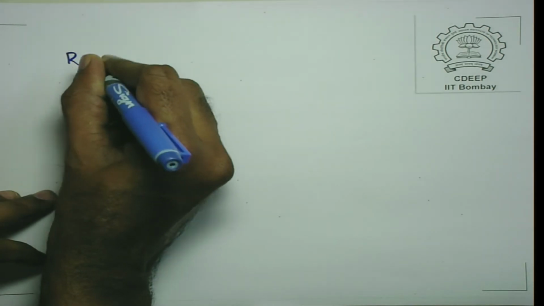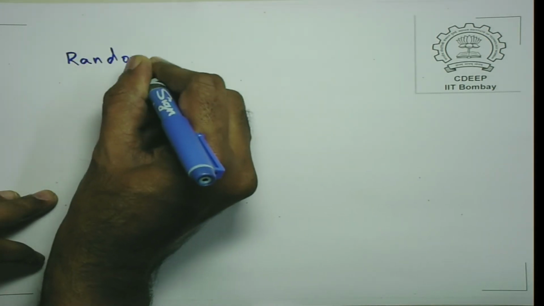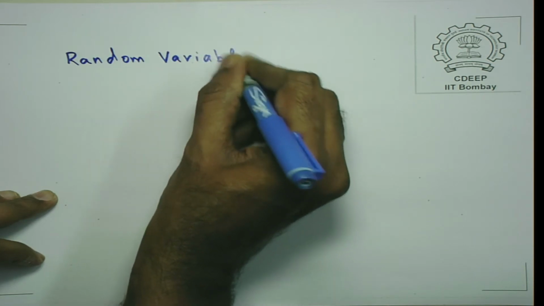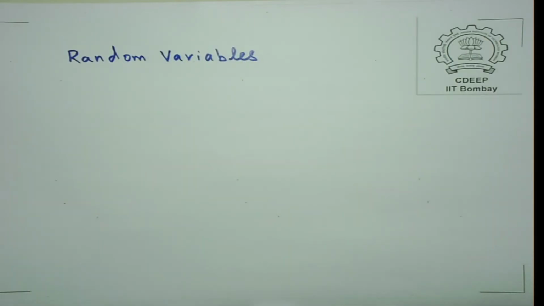So before getting into random process, we need to just briefly look at random variables. I'm hoping that all of you have some prior knowledge and background in probability and statistics. So this is not an exhaustive review. This is just to say how these random variables help us understand some aspects of adaptive signal processing.